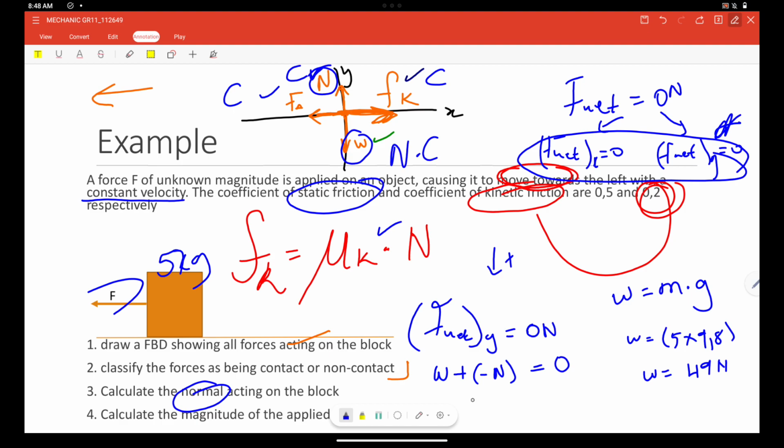Then I can sub in N. I have 49 minus N equals 0. If I move N to the other side, I have that N is equal to 49 newtons. This is the magnitude of the normal force. I already know the direction, I already subbed in the direction. So from the free body diagram, I can indicate that the normal force is 49 newtons.